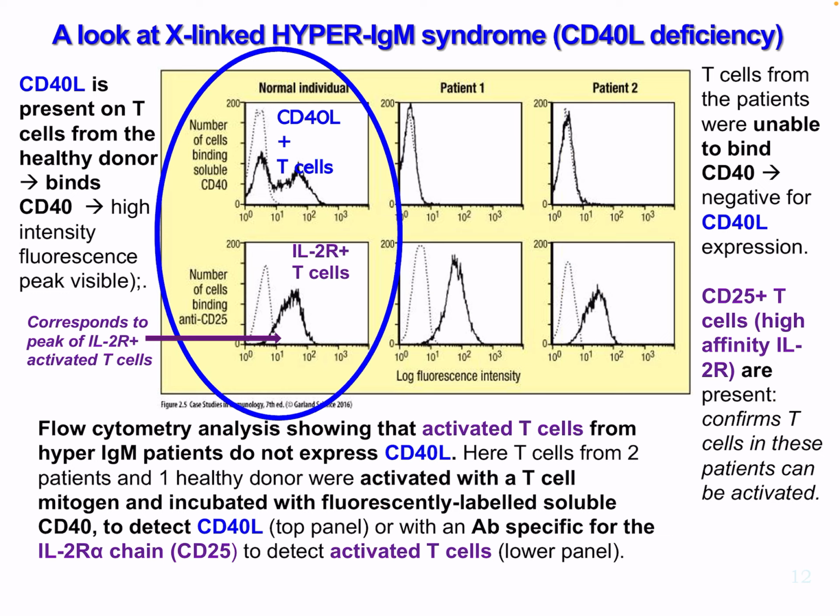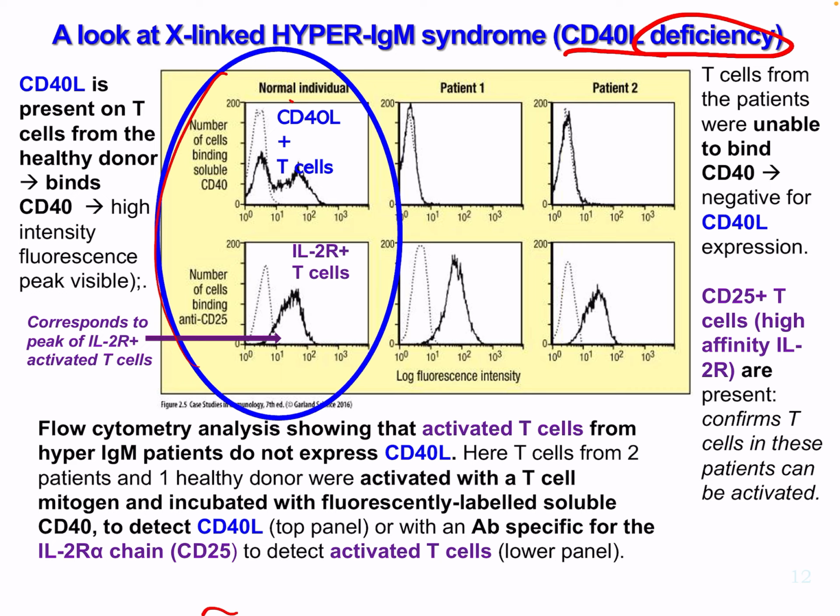So another example is a CD40L deficiency. CD40 ligand is present on T cells from the healthy donor. This binds to CD40 and has high intensity, you can see here, a high intensity fluorescence peak.